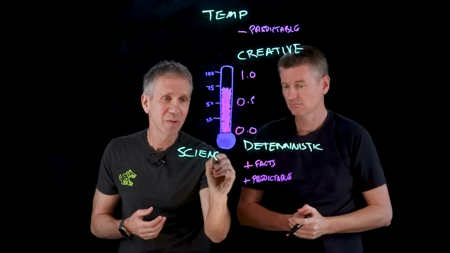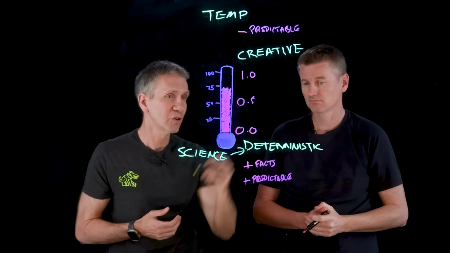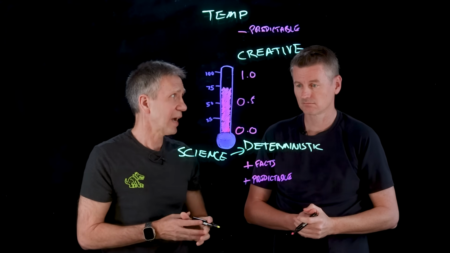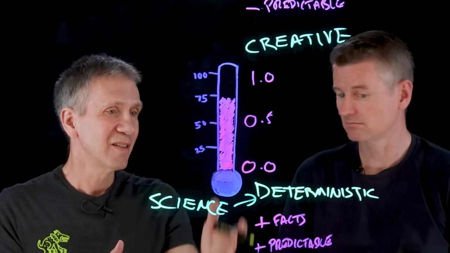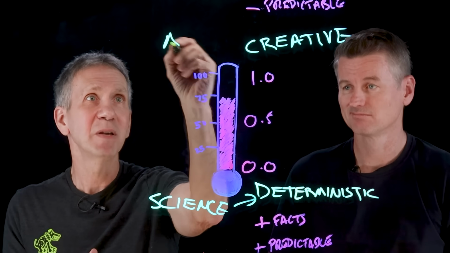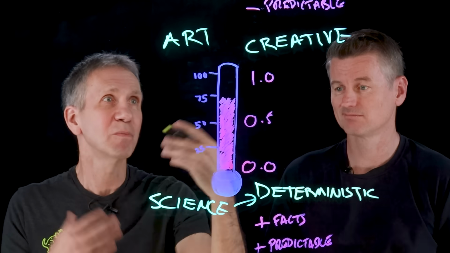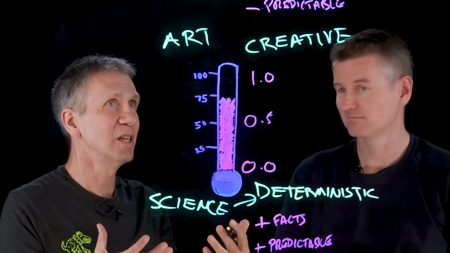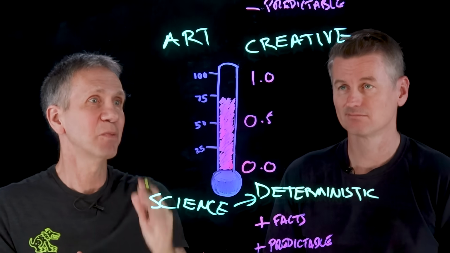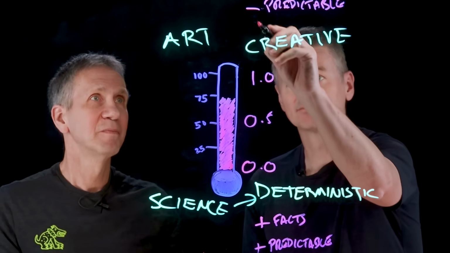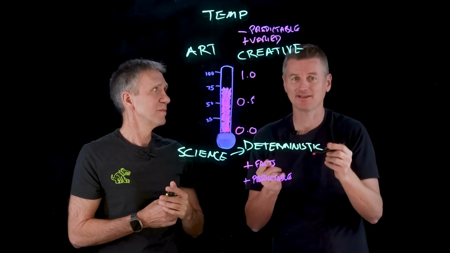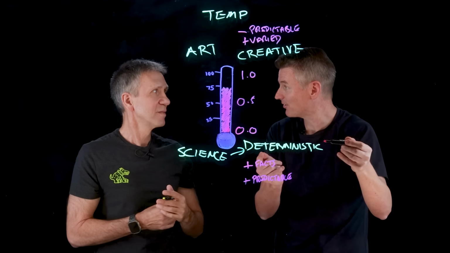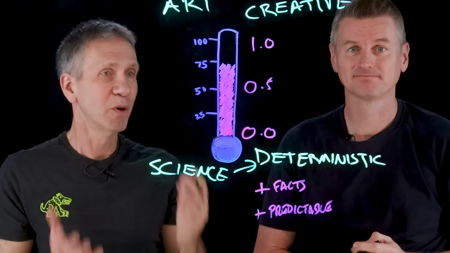Well, then I really want to be down here in the deterministic version. I want the facts. But if I'm asking it to write lyrics for a song, okay, facts then might be pretty boring. So art or music, more creative activities, I might want something that's less predictable and more varied. Okay, so we've really got to pick the temperature setting based upon the type of prompt we're sending into it. Exactly. The use case will matter.